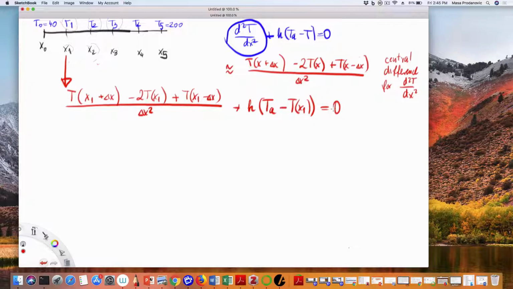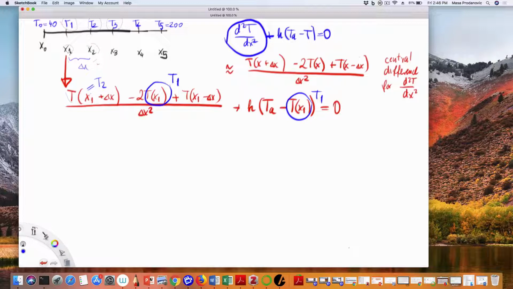Now, how is that helping? It's helping because what is t of x1 in terms of this rod up there? T1. So this is T1. What is T of x1 plus delta x? X1 plus delta x is x2. So T of x2 is T2. Everybody sees that?